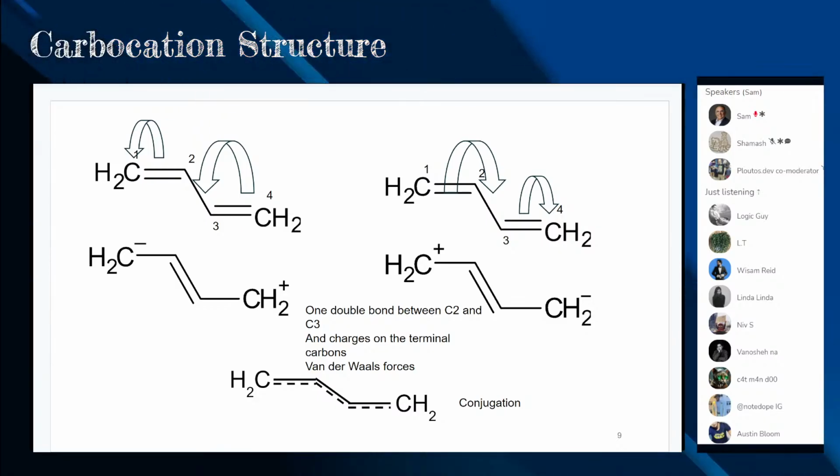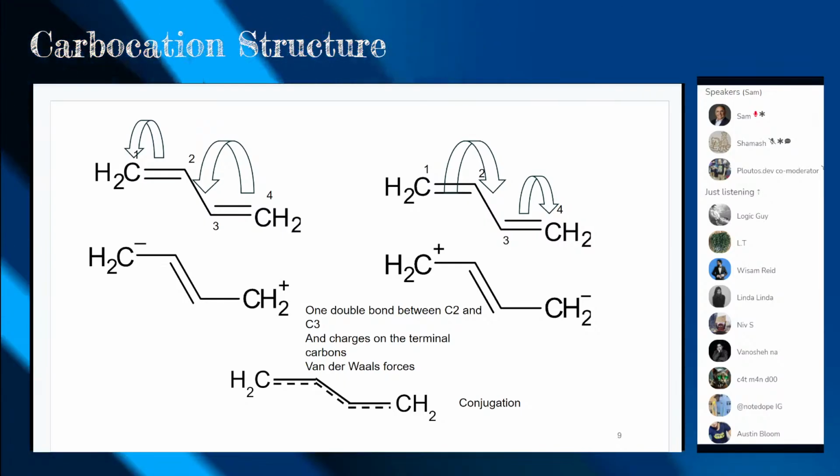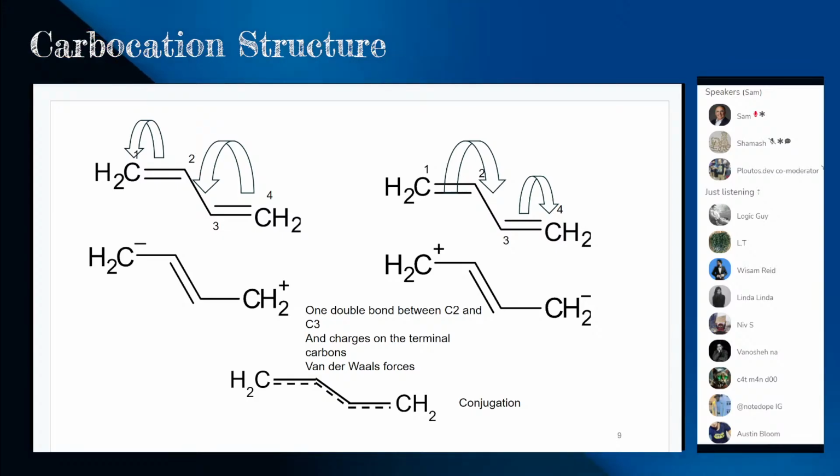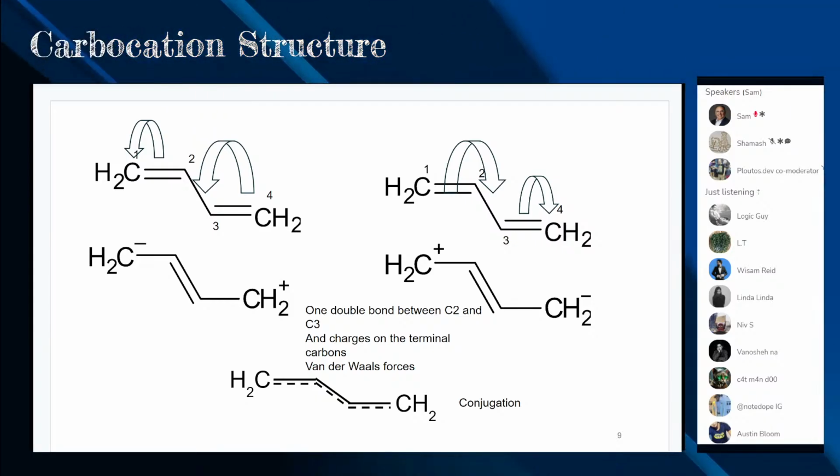And so the electrons here are completely delocalized, meaning that they're not localized to just the double bond that they were in. They're delocalized over the pi system, the system that is developed by the overlap of the p orbitals.